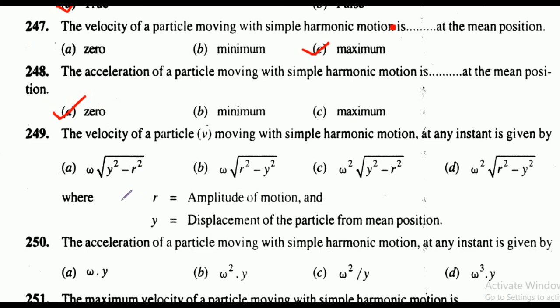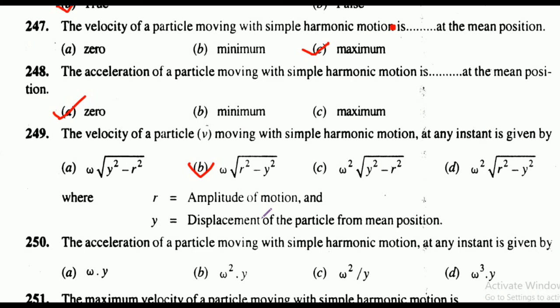Next is, the velocity v of a particle moving with simple harmonic motion at any instant is given by. Here friends, these are the options, and here r is equal to the amplitude of motion and y is equal to the displacement of the particle from the mean position. So here friends, the correct answer for this question is option B, that is omega into under root of r square minus y square.